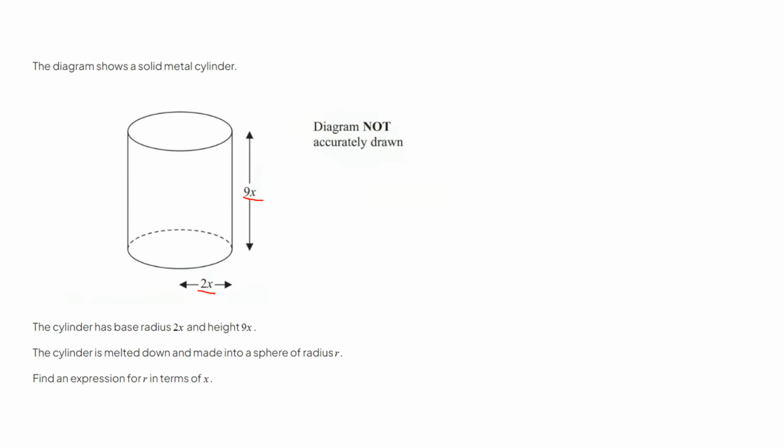Well, the first thing we need to do is work out the volume of the cylinder, which is just going to be pi r squared times height, which in this example is going to be, that was a terrible drawing, pi times 2x all squared times 9x.